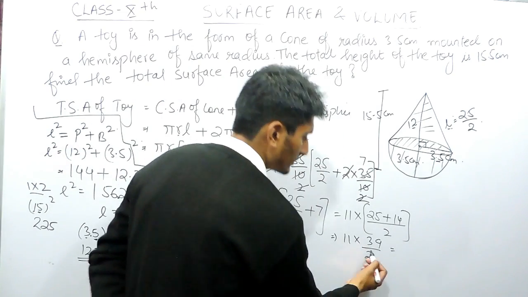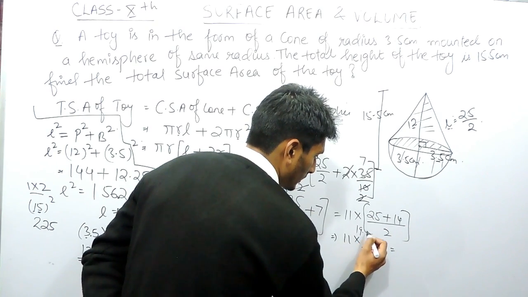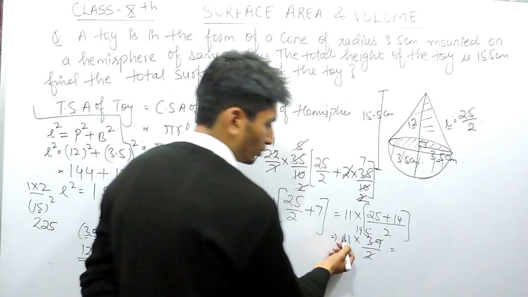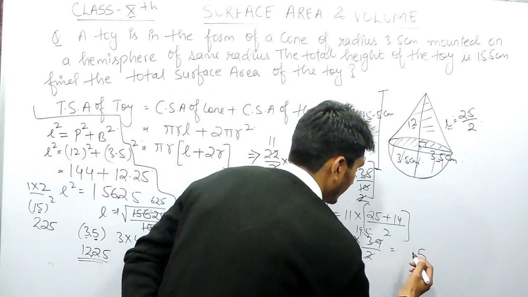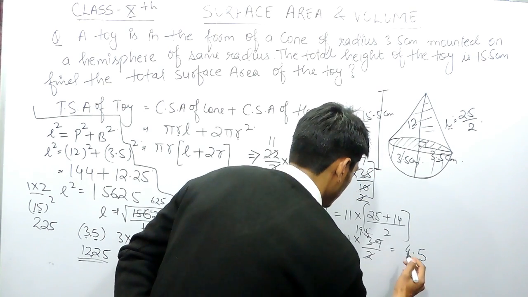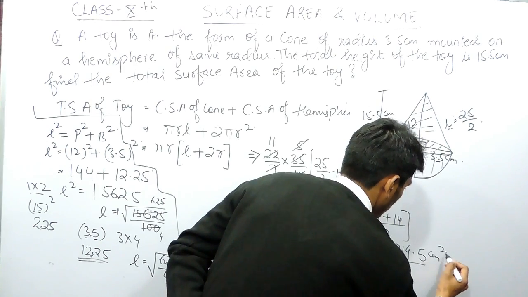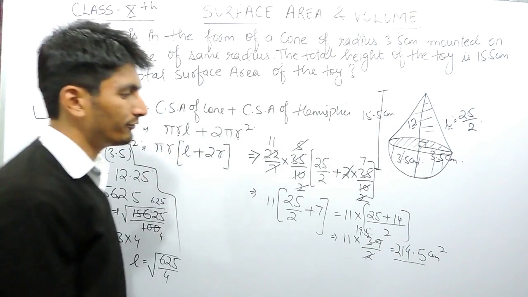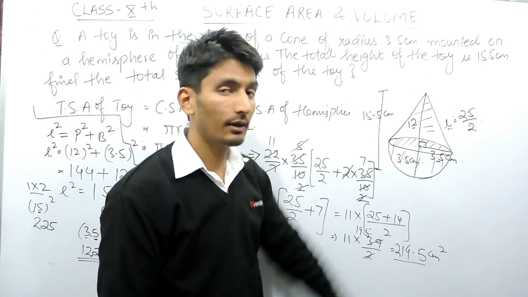If you further solve this, 19.5. So 1155, 5, 99, 99 and 5, 104, 10. So here 214.5 centimeter square will be the total surface area of this complete figure.